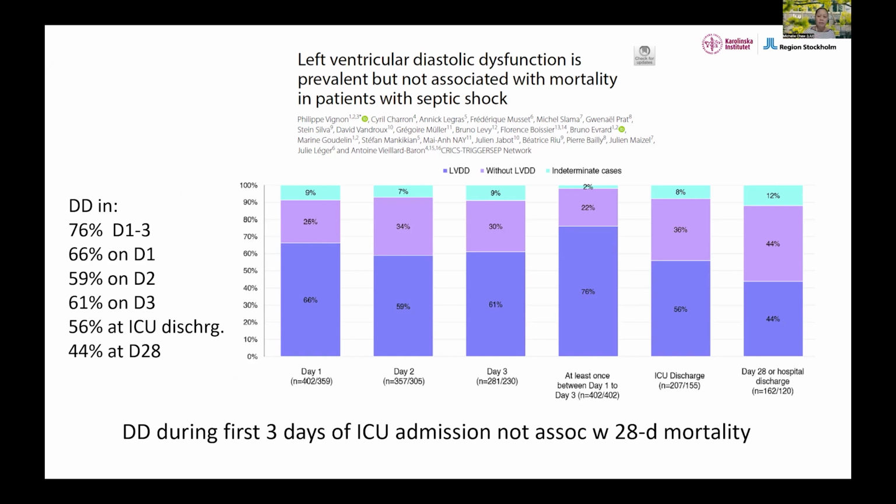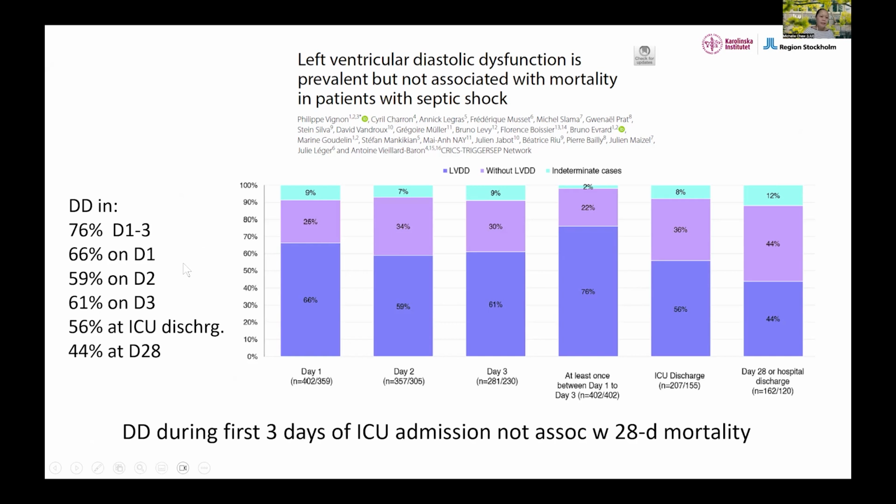Now, I need to emphasize that in that meta-analysis and in most other papers, diastolic dysfunction was only defined according to one or two Doppler parameters usually, whereas in this paper, diastolic dysfunction was defined very strictly according to guidelines.